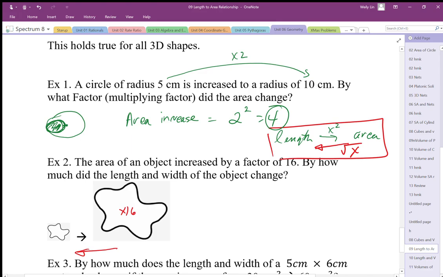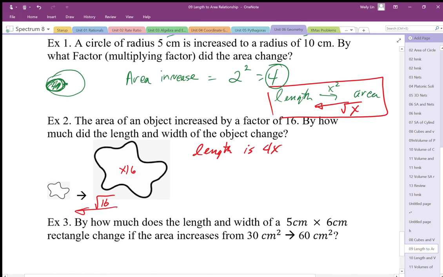So if it's 16 times more area, and if you actually counted, you can fit 16 of those inside there, the length change is 4 times. Okay, the length and width change. I can fit 4 of those long here, 4 of those long here. That's going to be a 4 times change. And to get that, I'm going backwards, so I'm going to square root.